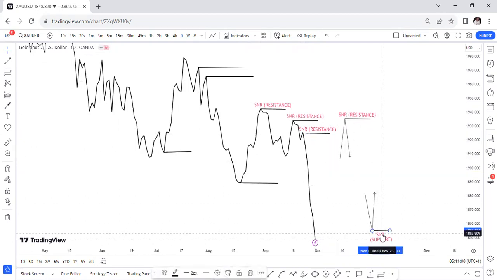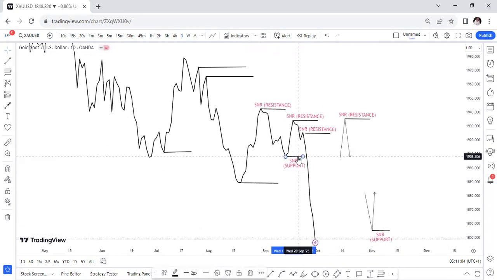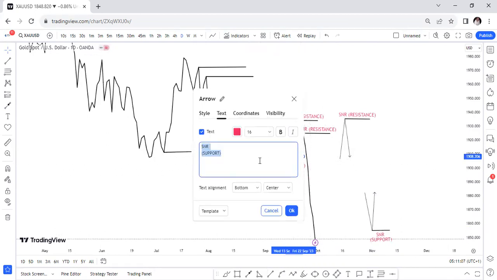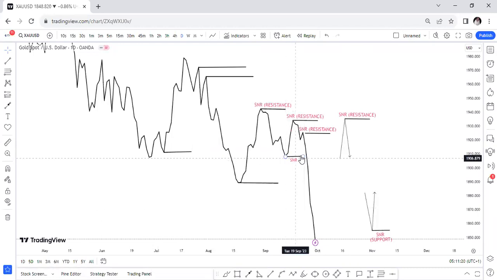Then we have this as the support, which was broken out. So that's how to mark your SNR in the line chart.